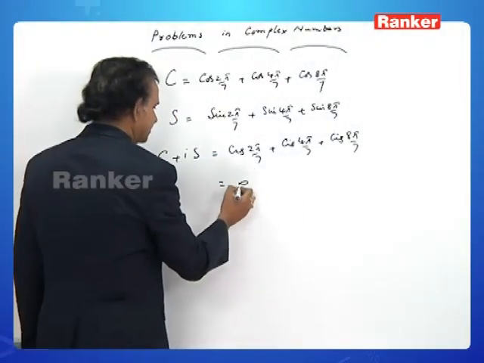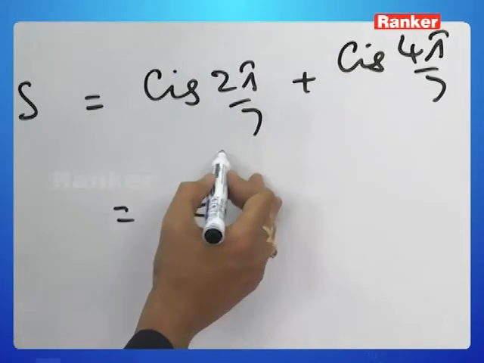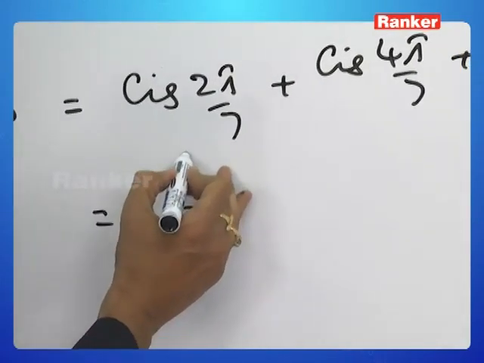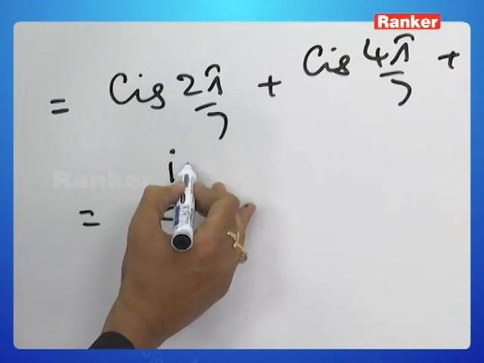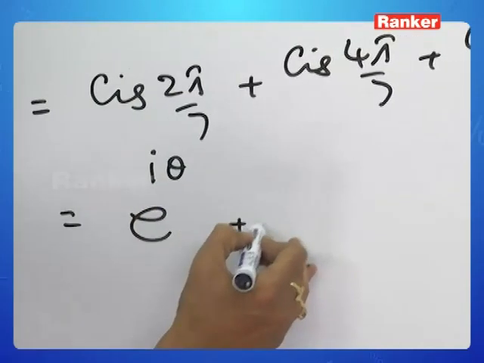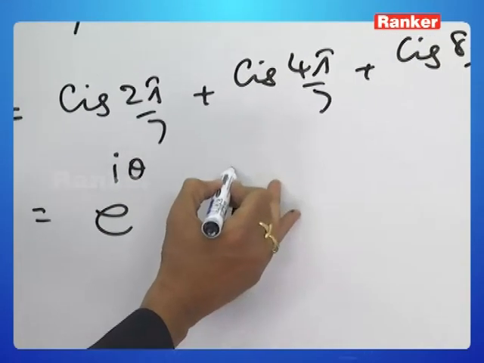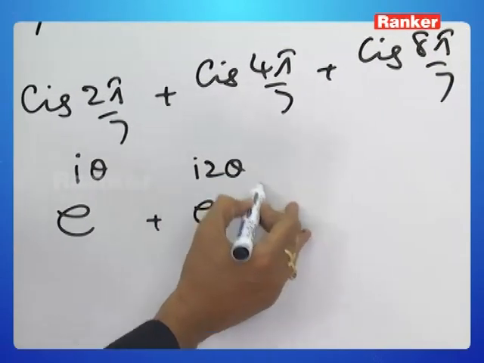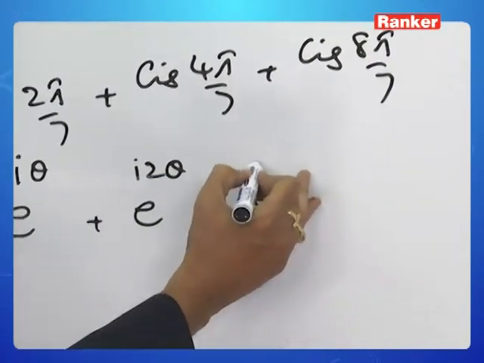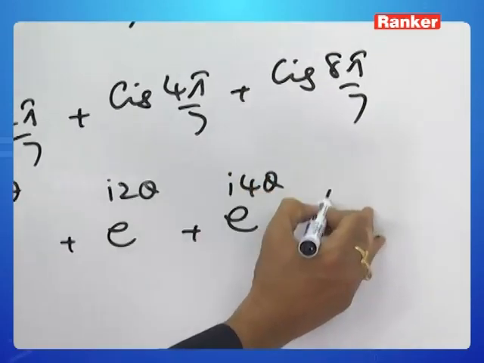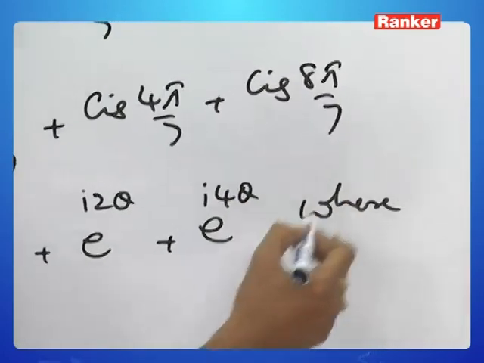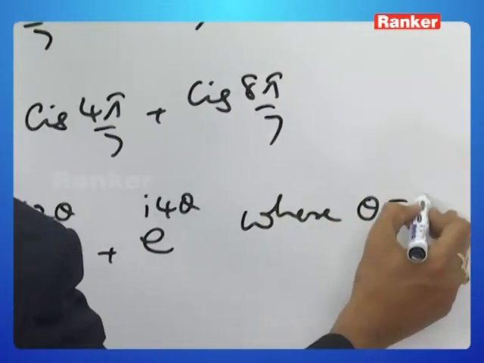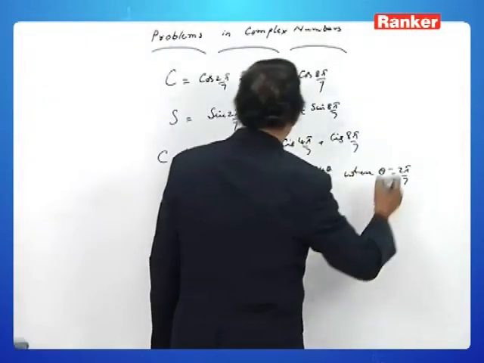Again, you can write it as e power i theta plus e power i into 2 theta plus e power i into 4 theta, where theta is equal to 2 pi by 7.